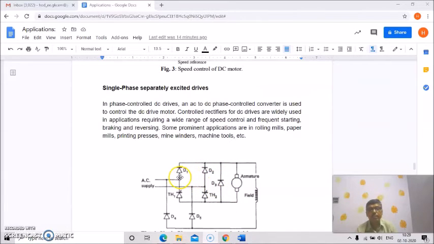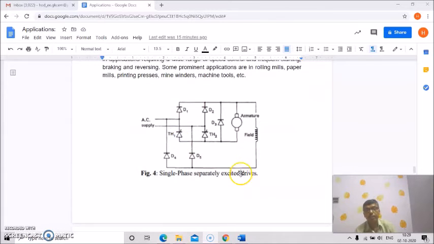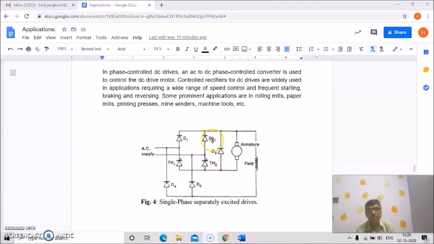So this is the single phase separately excited DC drive circuit diagram, and we have already discussed this phase control converter.